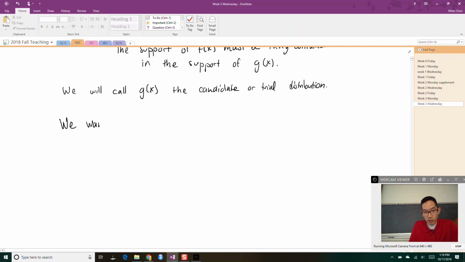We want the expected value of h of x if x is a random variable defined by f. Okay, that's what we want. We want the expected value of h of x if x is defined by the random variable f, and this is going to be equal to the integral of h of x times the PDF f of x dx.